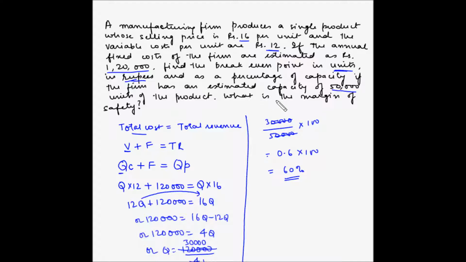So now moving to the next question, which is what is the margin of safety? So what is margin of safety? Margin of safety is the additional units that the firm can produce above the break-even point. Or in other terms, margin of safety is the extent to which a company can reduce its production before a firm suffers a loss.